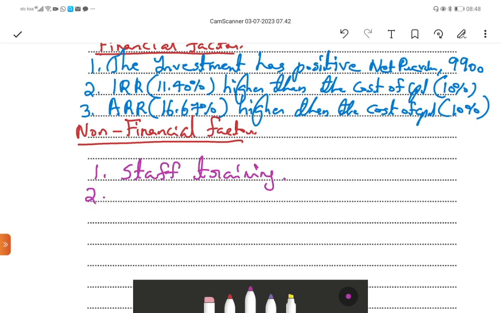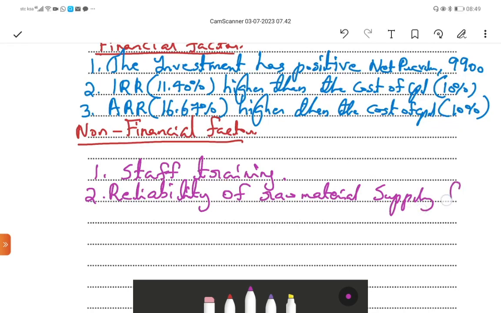The second one, reliability of raw material supply from a new supplier, because they are not purchasing from the existing supplier, they are buying from a new supplier.